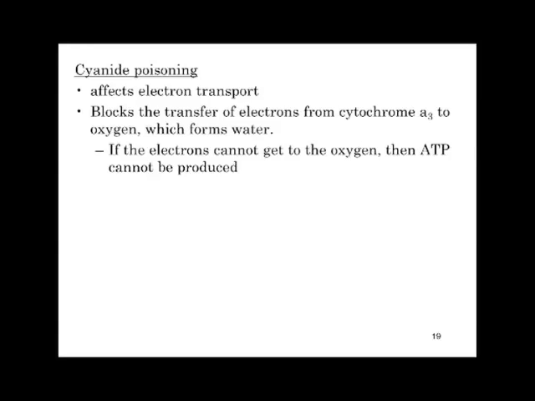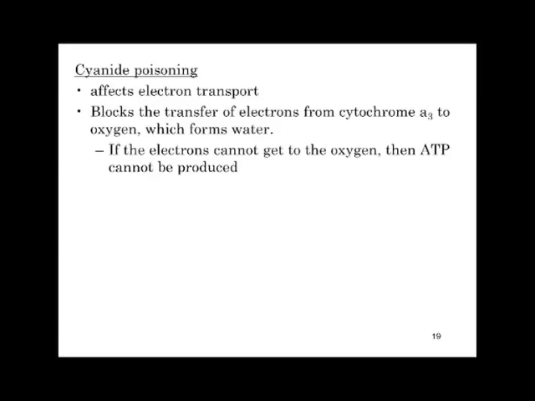No, not really. What cyanide does is it blocks the transfer of the electrons from the cytochrome A3 to oxygen. It prevents that from happening, even when oxygen is present. So if you can't move those electrons from the last cytochrome, that whole transport of electrons down that chain stops.